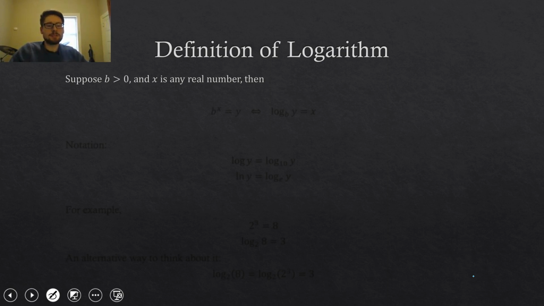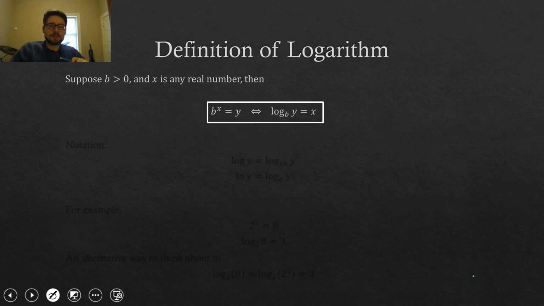So x can be negative, positive, irrational, rational, anything you want it to be. Then we have this relationship: b to the x equals y if and only if the log base b of y equals x.